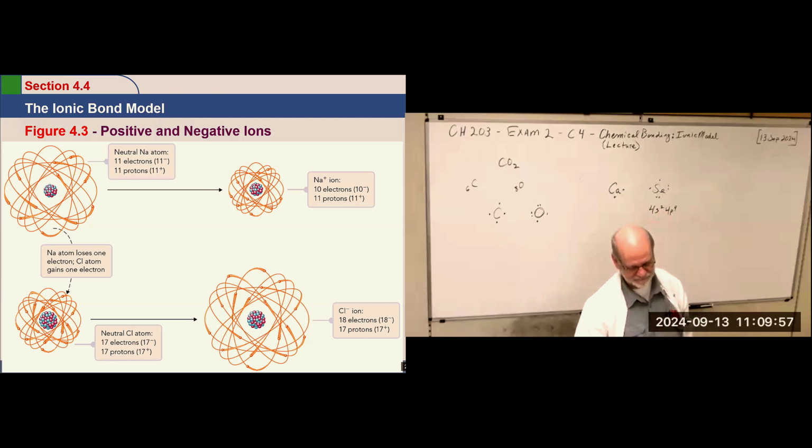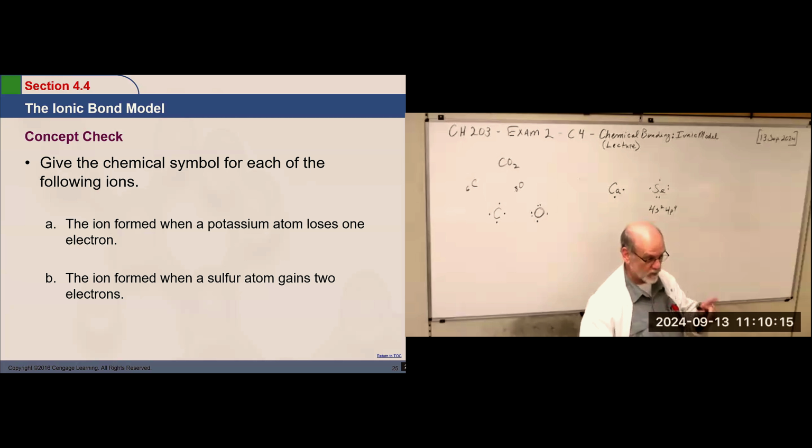Okay. Chemical symbol for each of the following. Potassium atom loses 1 electron. So you just say K plus. If it loses 1 electron from a neutral atom, you're making it positive by 1 charge. Okay. Sulfur gains 2 electrons, right? And that makes sense.